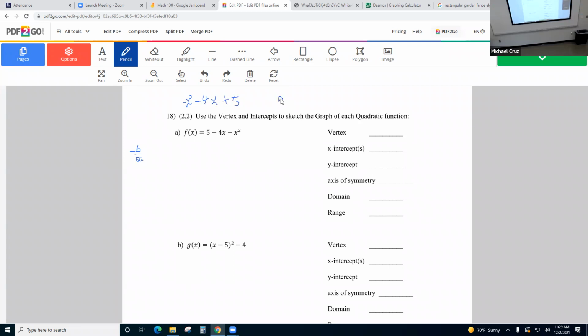So a is equal to -1, b is equal to -4, c is equal to 5. You may not need that. All right, so this is x. The x coordinate is going to be -b over 2a.